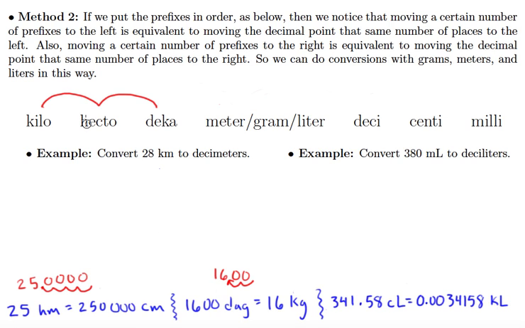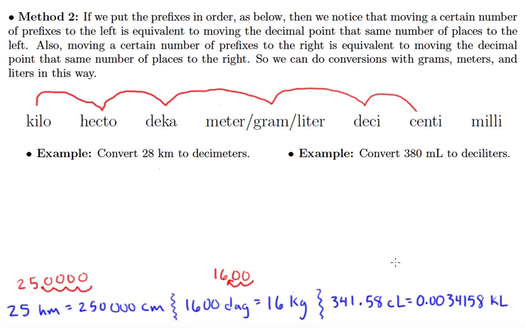All right, and then finally we have this 341.58 centiliters, and that's supposed to turn into 0.0034158 kiloliters. Okay, so here's centi all the way over here on the right. I have to go back 1, 2, 3, 4, 5 spots in the chart to get from centi to kilo.